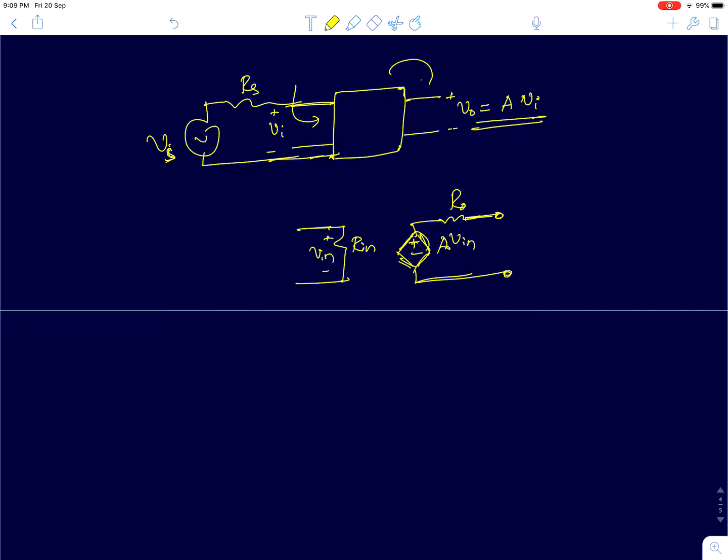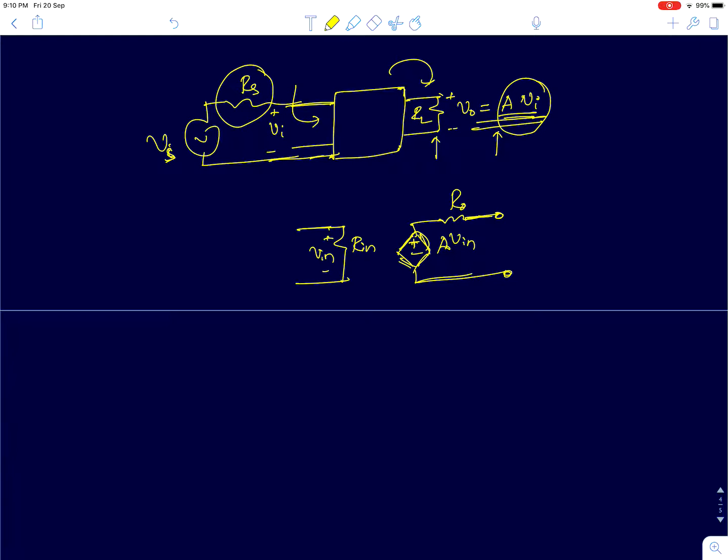Then it can fully amplify it to a voltage and deliver it to a load resistance connected at the output. But in reality, there is always the gain. The gain of an amplifier is also a function of the load resistance that you connect to the output terminals, and it is also a function of the source resistance that you connect to the input terminals.